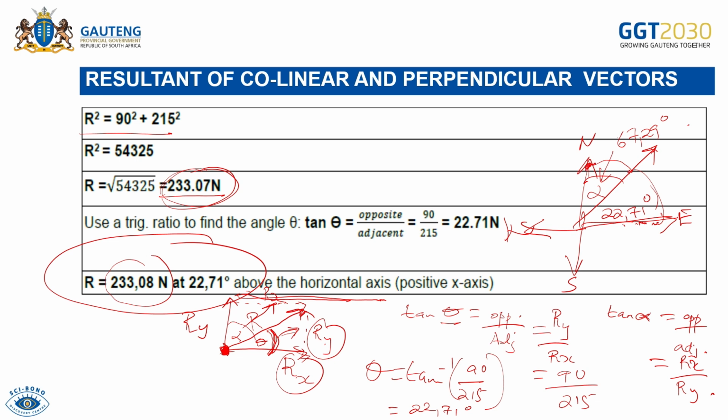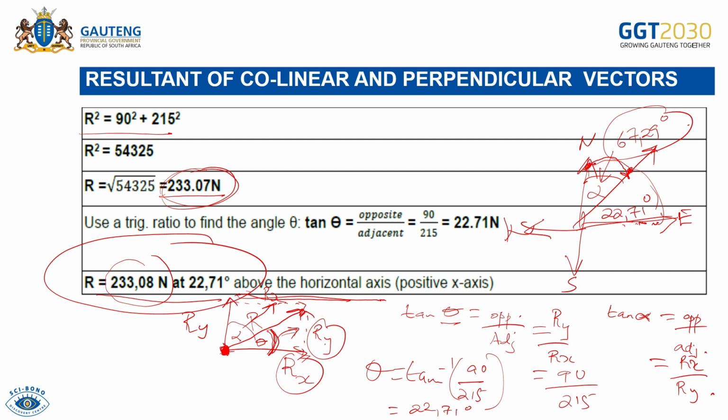From north to this force, which is our resultant, you have 67.29. Then you can say the resultant is 233.08 newtons at a bearing of 67.29 degrees.